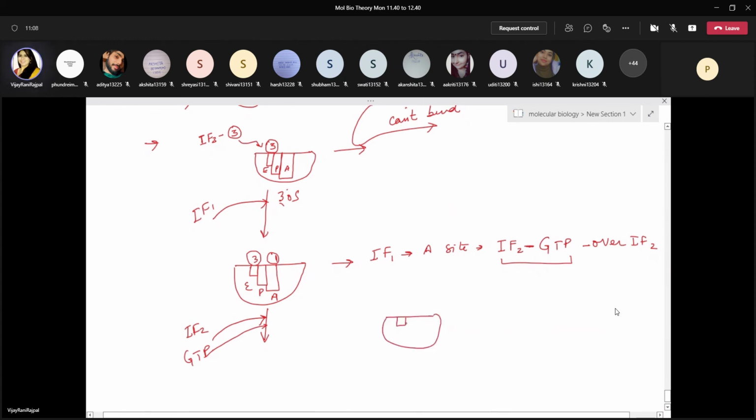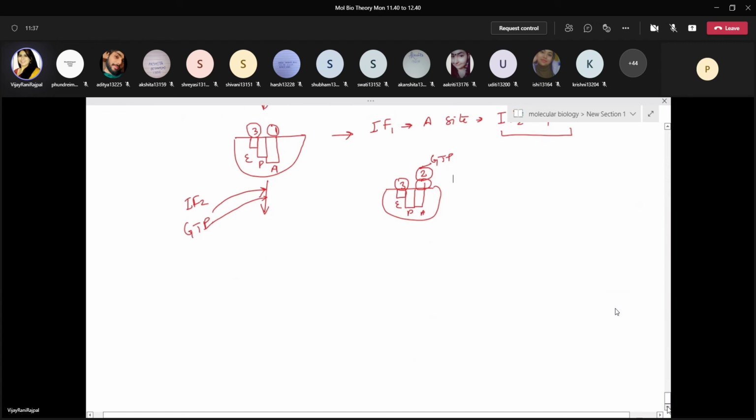So you have E site, P site, and A site. 3 already joined, 1 joined here, and now 2 linked to a GTP molecule joins over 1. Now look at this. After this, the 50S will not join yet. Now we have this as the complex. From here we move ahead.